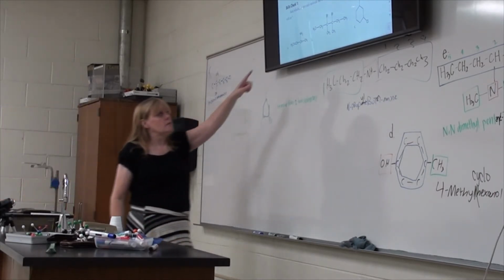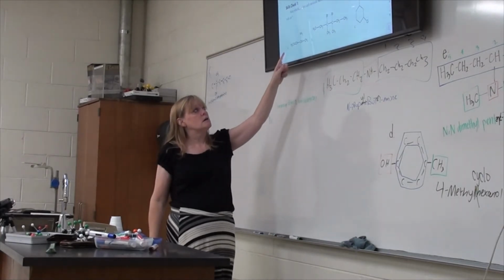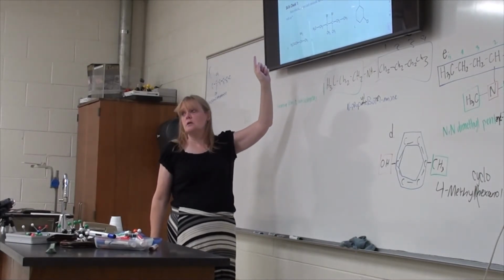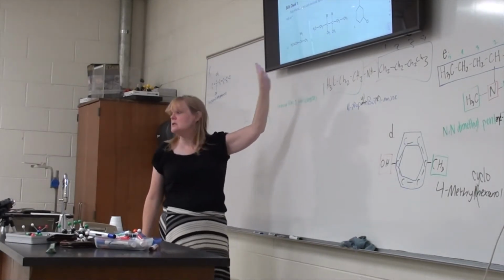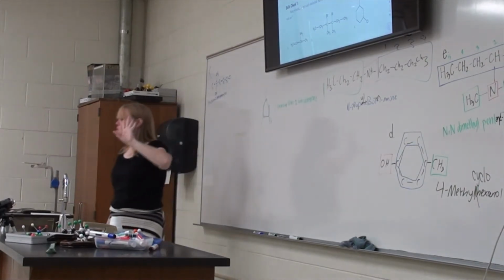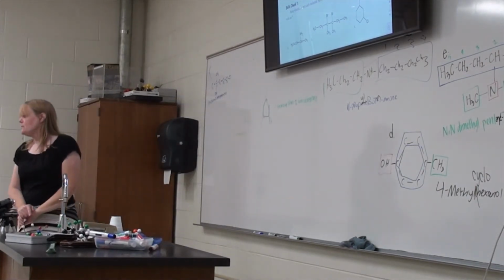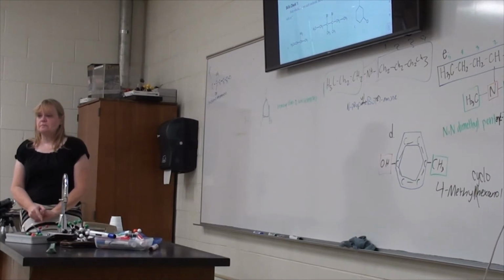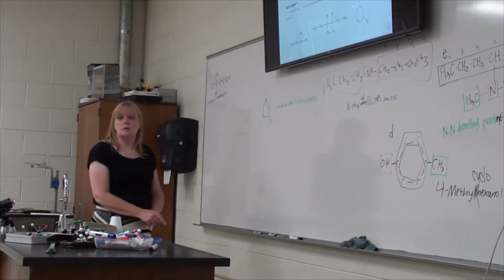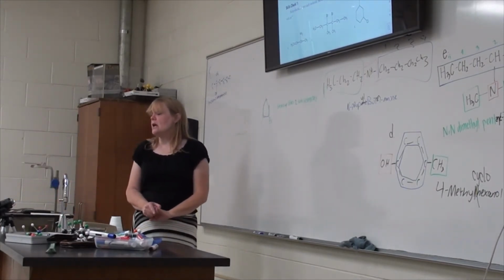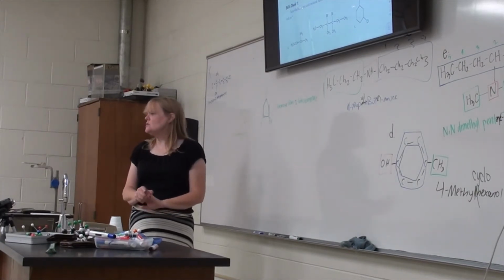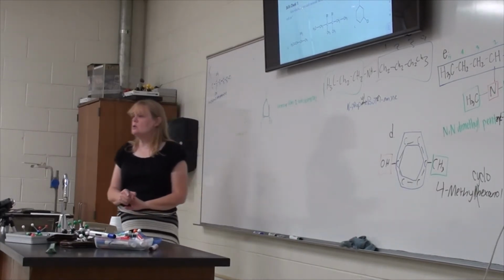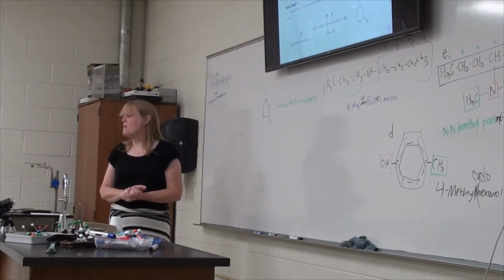So for A here, do you notice if there is a chirality center, and if so, where is it? In the molecule, you have to have four different atoms or groups attached to the carbon. What's something that you can rule out right away? Double bond?